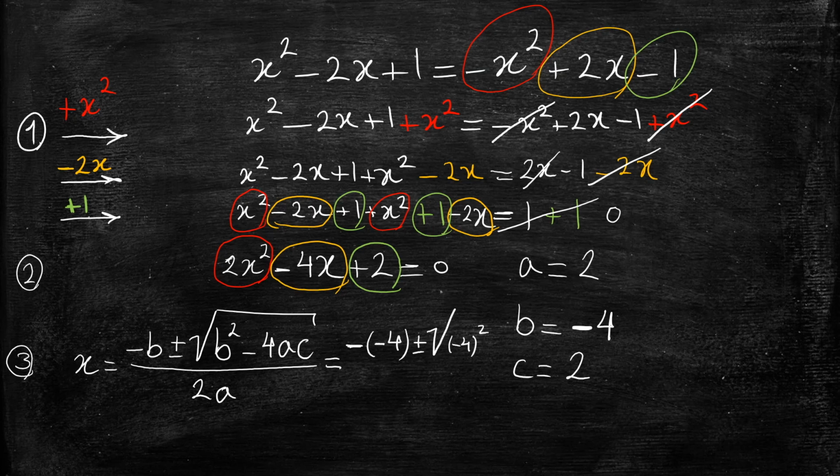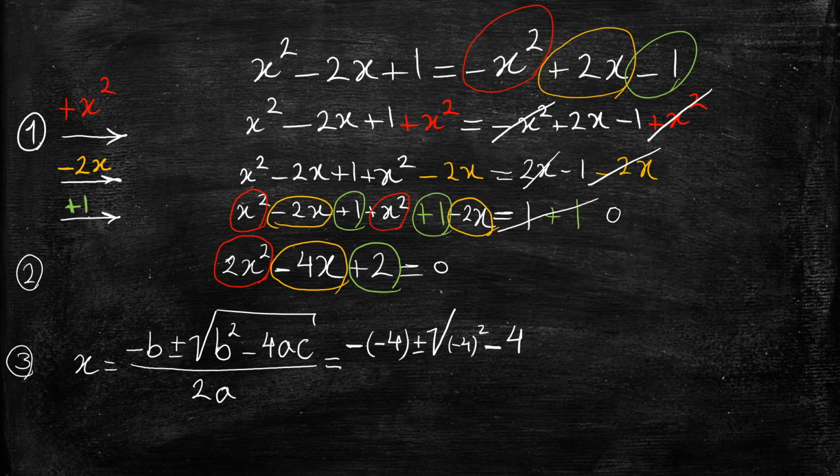I'm going to move these or wipe them down for now. Okay. -4 to the power of 2, and then minus 4 times a.